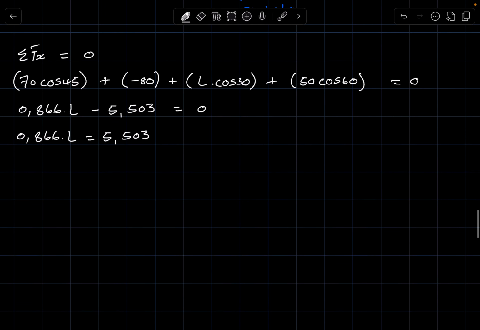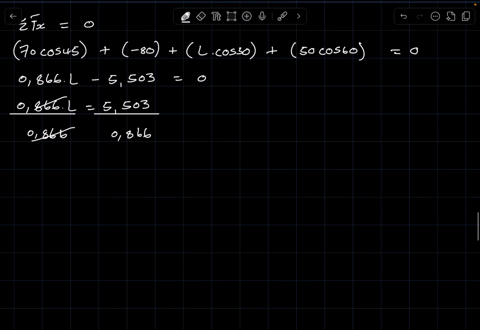And then because we're looking for L, you then divide both sides by 0.866. You need to divide this side as well by 0.866. That cancels. And then L will be equal to, if you punch this in your calculators, you should get 6,355 newtons. And that is the value of L.